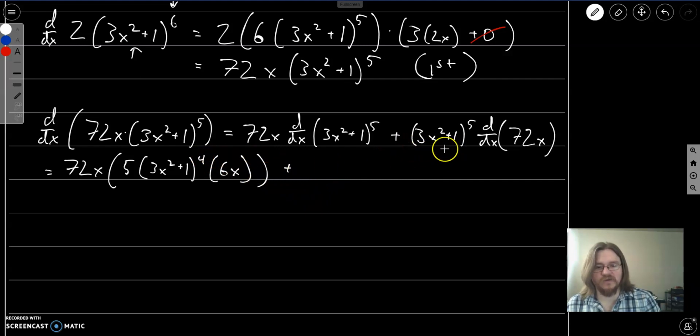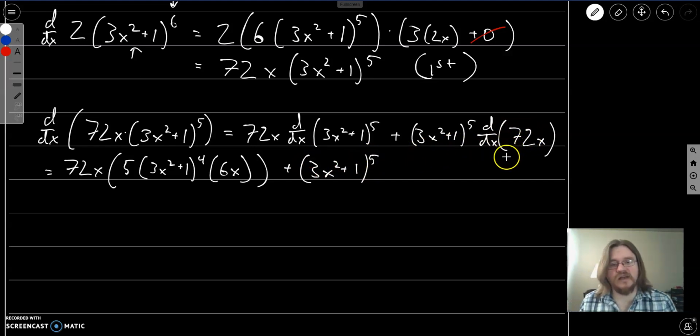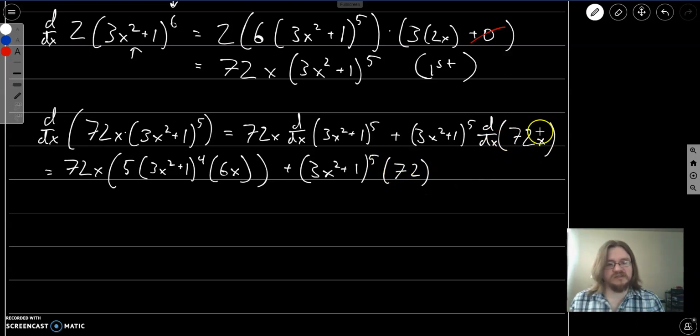And then over here, I've got (3x squared plus 1) all raised to the 5th power times the derivative of 72x. Well, that derivative is just 72 because the derivative of x is just 1, and we have that constant left over. So let's simplify this a little bit. Now I've got 72 times 5.